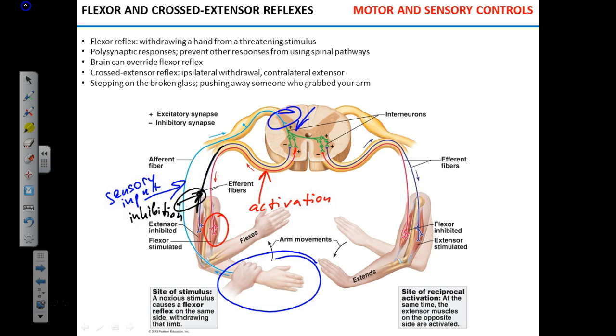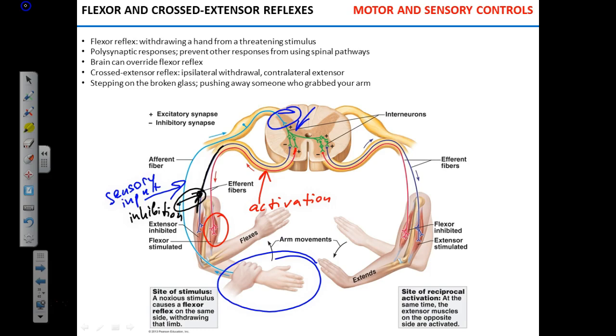Often, together with this, what do you do with the other arm? Push away. The movement of the elbow, what is that? Extension, right? That's extension of the elbow. If it's an extension of the elbow, which muscles do you need to stimulate?